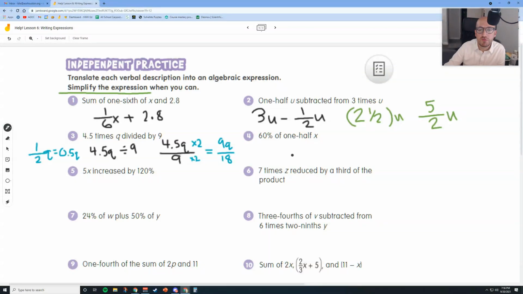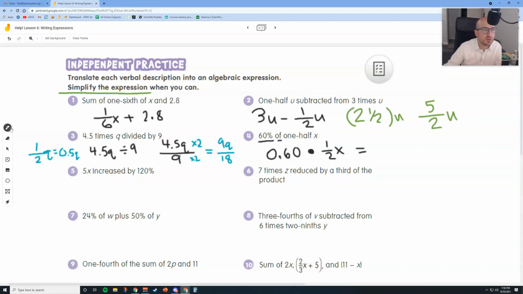60% of 1/2 x. If you think of 60% as a decimal, that would be 0.6 or 0.60. 60% of is like to multiply 1/2 x, right?